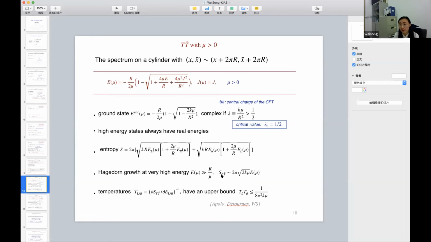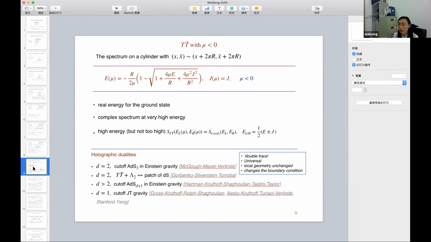Can I ask a question? Yes, please. In the previous page, you talked about this holography at finite cutoff. Yes. And at the cutoff surface, do we have dynamical gravity, or is it just a fixed background?